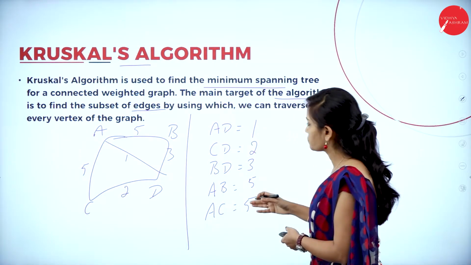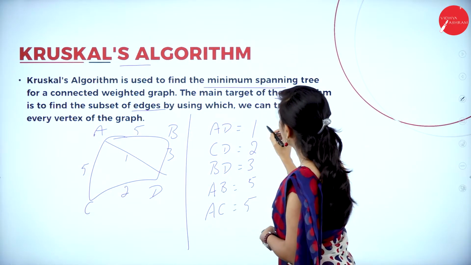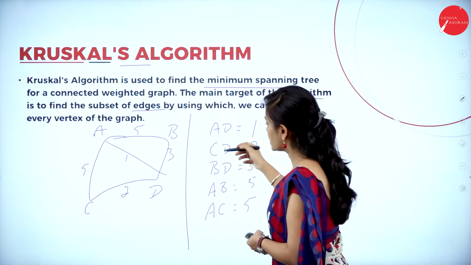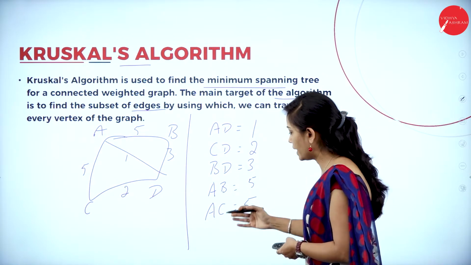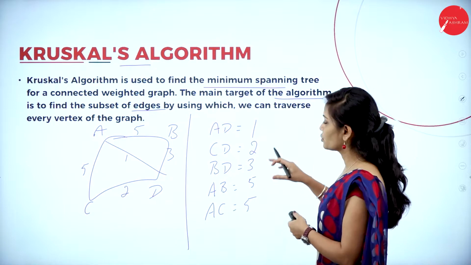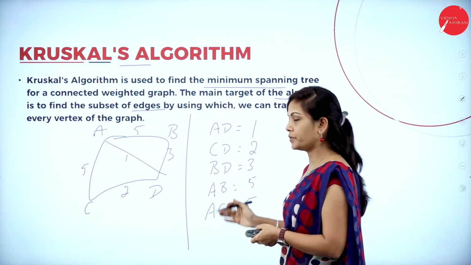I have listed the edges according to their weights. So now AD is the minimum edge, CD is the next minimum and BD is the next minimum, then AB and AC.